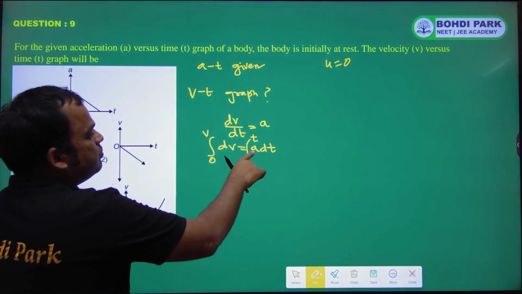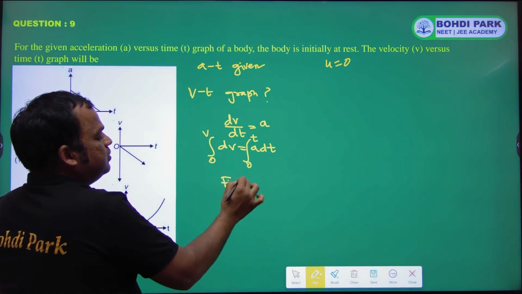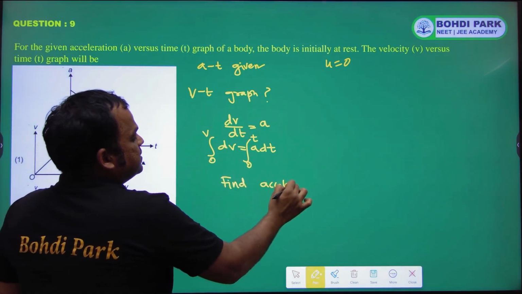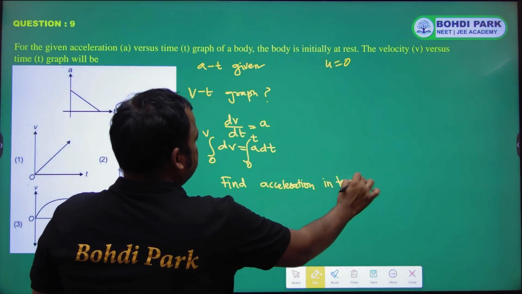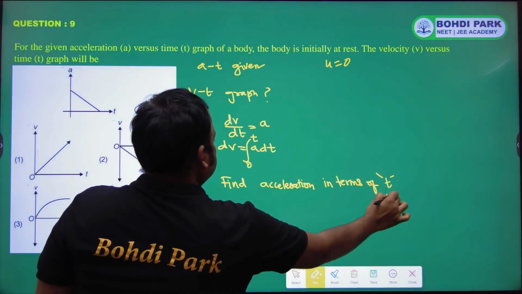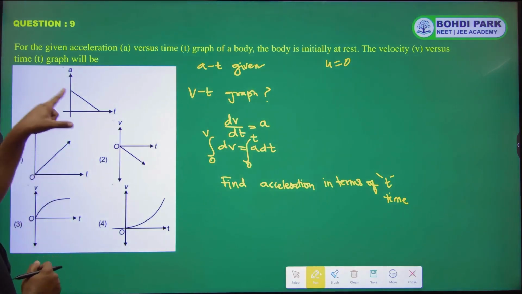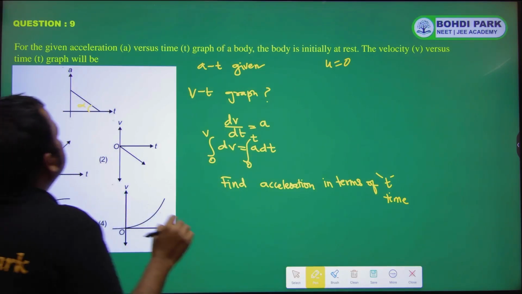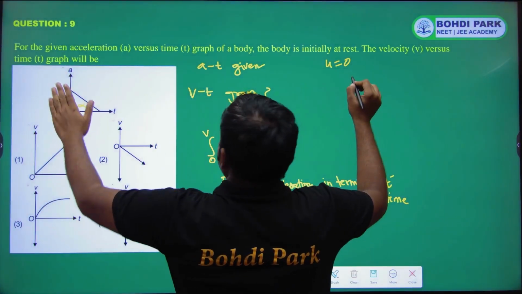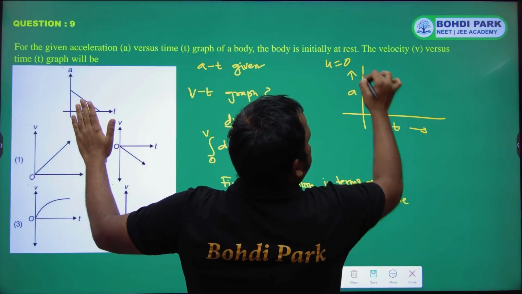So now we have to find acceleration in terms of t. Using this graph, suppose this angle is alpha, so we can find the equation using y is equal to mx plus c.